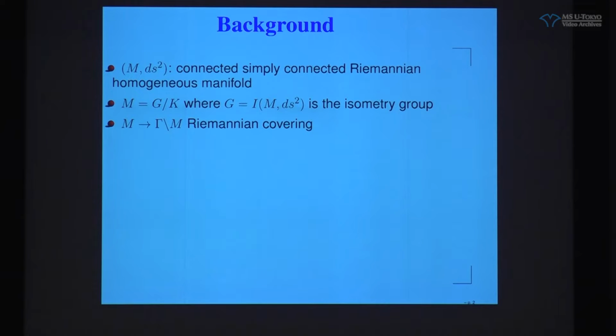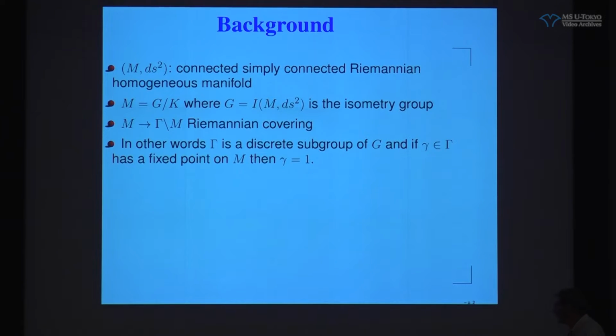Now I want to look at a Riemannian covering. That is a covering space where the local maps for the covering are local isometries. Now the problem is, in this situation, of course, the base space of the covering is locally homogeneous, but the question is, when is it globally homogeneous?